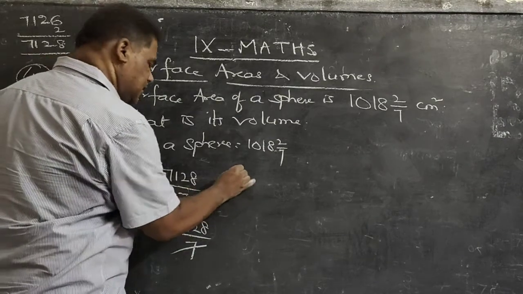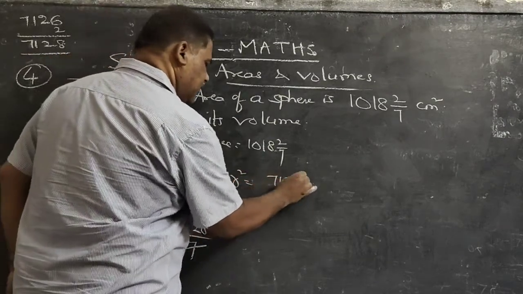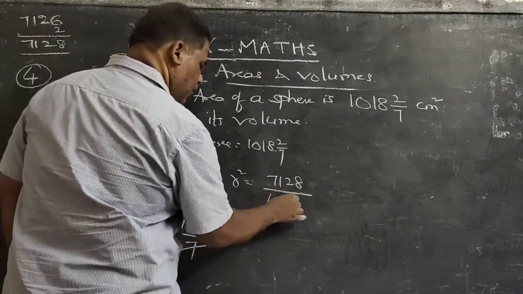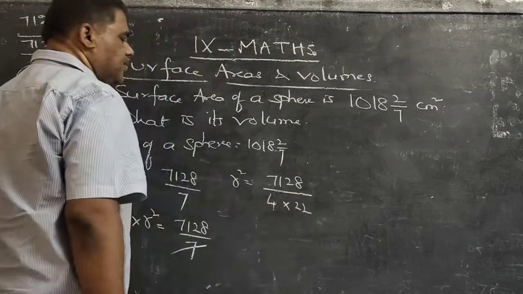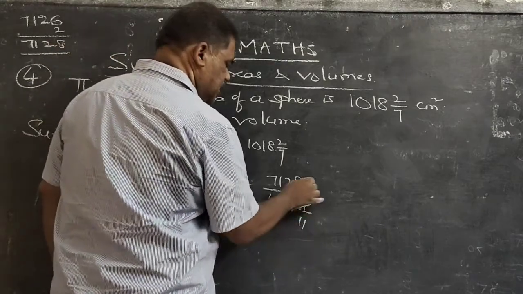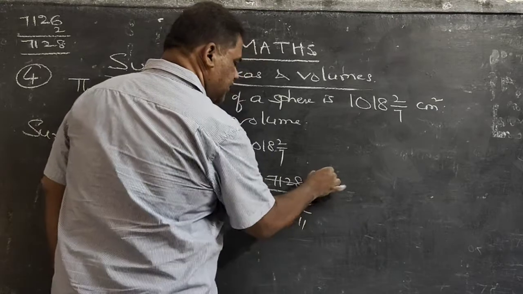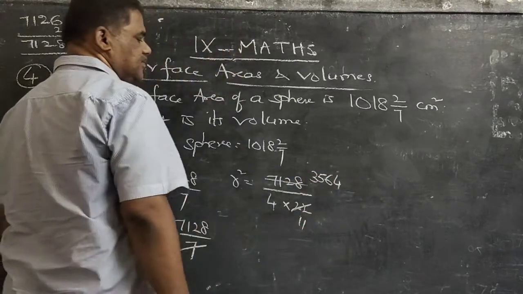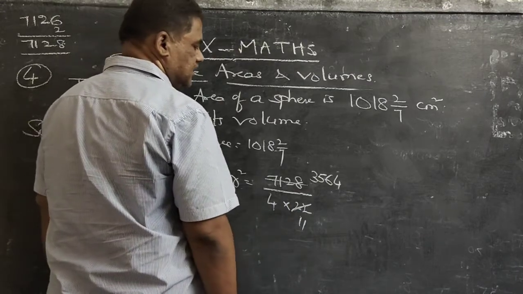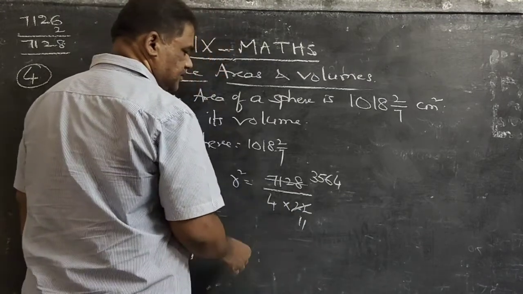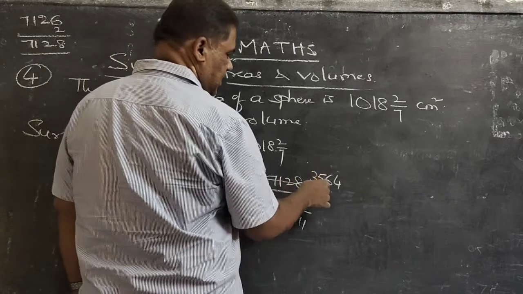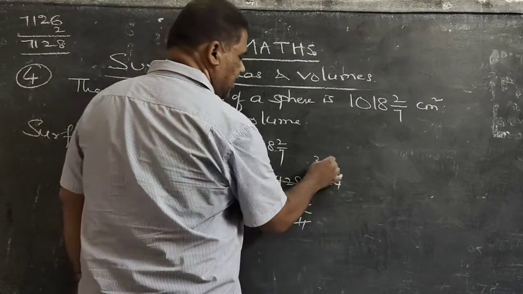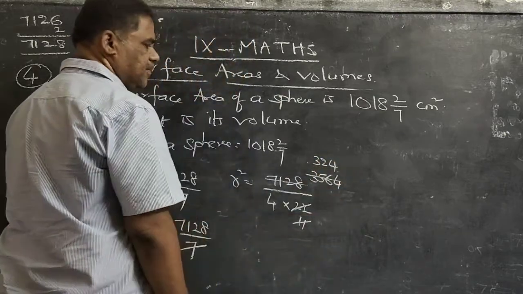So r square is equal to, we will get 7128 by 4 into 22. 2 11s, 2 3s are 6, 2 4s. 11 3s are 33, 11 2s are 22.